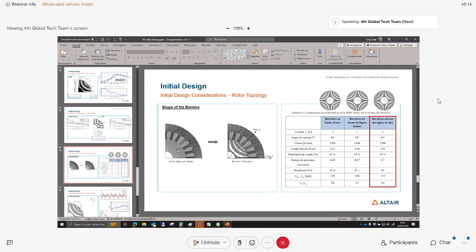So we can see easily the shape of the barrier we want. Why? Because we need, once again, to make the life easier for these flux lines going through the d-axis, right? And then this is a good indication to start with when you design the motor.